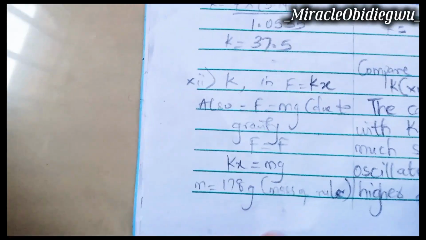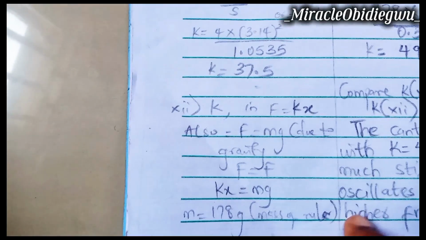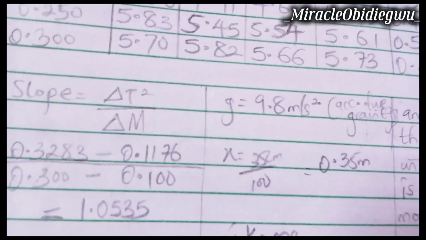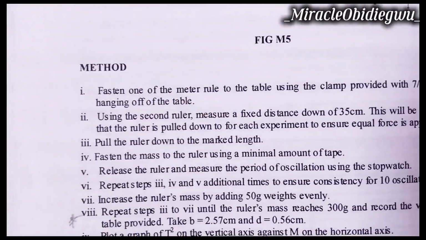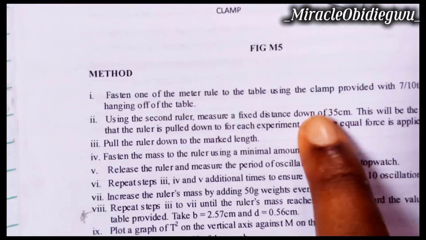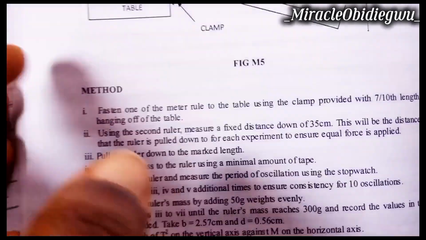Now we're looking for k. Our mass is 178 grams, that's the mass of a ruler, the standard mass. Our g, gravity, is 9.8, then x is 35. How did I get this 35? If you look at your question, it said using the second ruler, measure a fixed distance down of 35 centimeters.